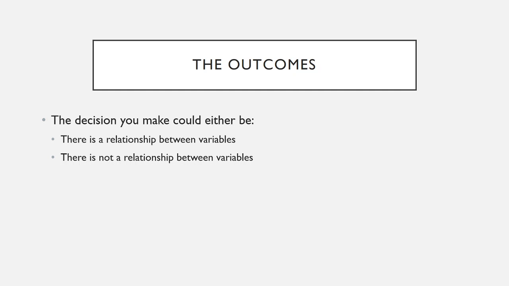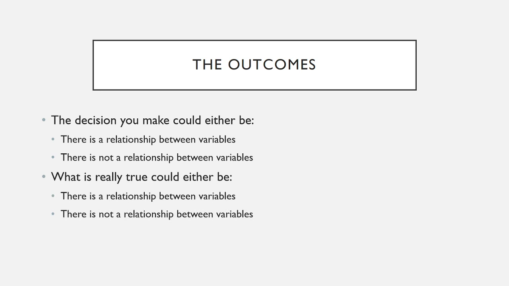So if we think about the logical parameters we've set for ourselves, we're going to end up making a decision one way or the other, whether we've found evidence for the alternative hypothesis or whether the null hypothesis appears more accurate. So we might decide that there is a relationship between variables because we have support for the alternative, or we might conclude that there's not a relationship between variables because unfortunately we didn't get statistical significance.